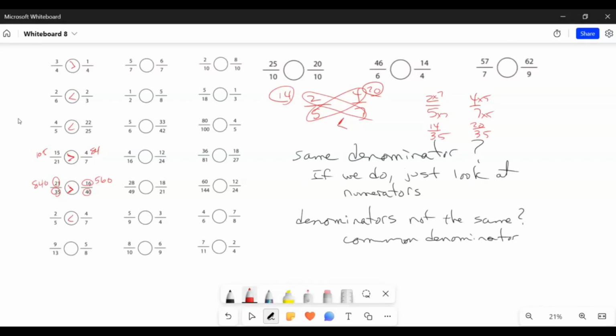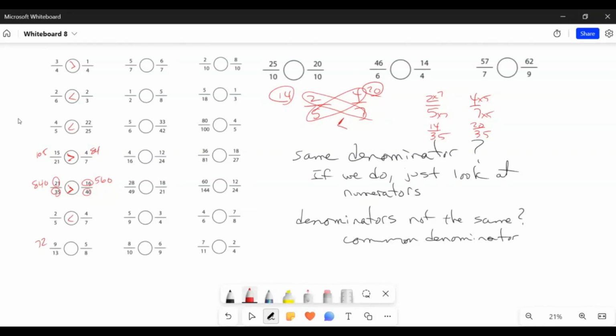All right, we got one vote for 9/13. Okay, so when we multiply 9 times 8, we get 72.